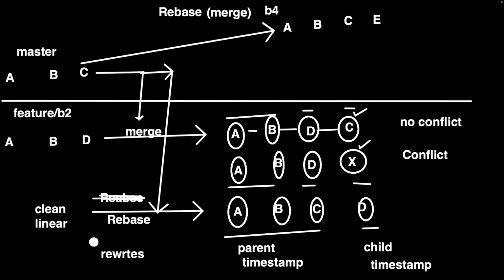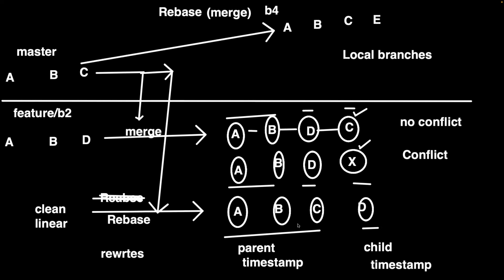That's what rebase is. And with rebase, the thumb rule is you should do this kind of rebase only for local branches. Local branches means you haven't pushed them to remote, you haven't made them public, so you can do rebase. But if you have already pushed them to remote, don't rebase them because the log history might be messed up.